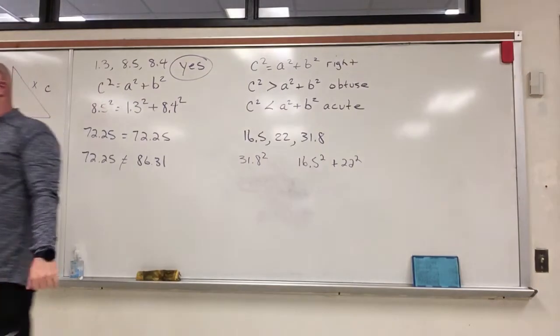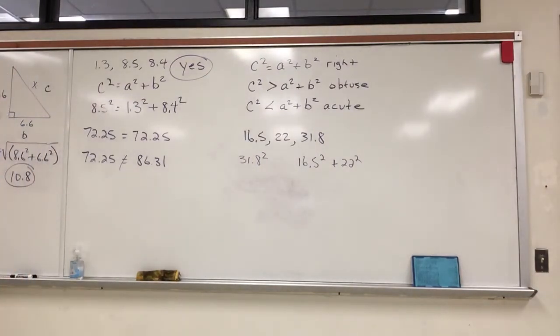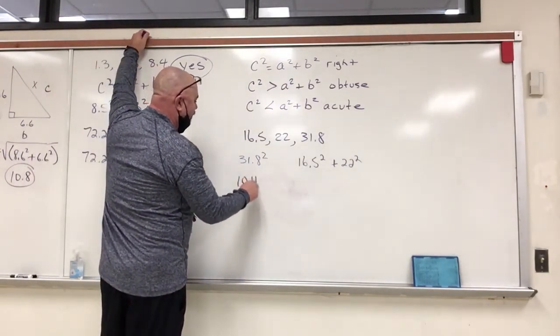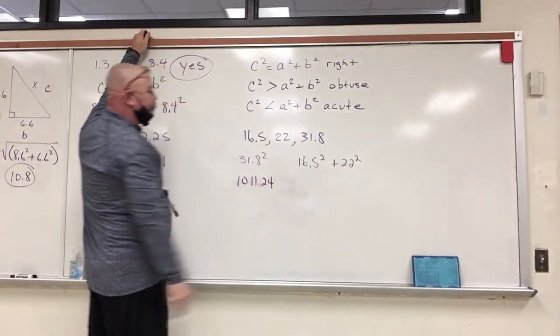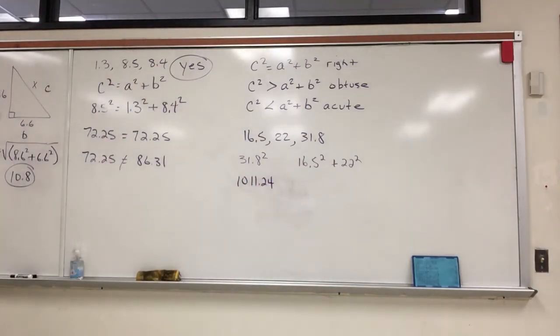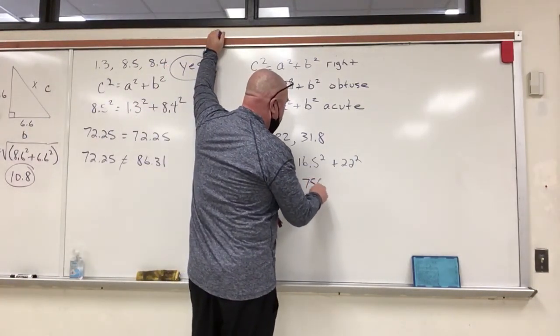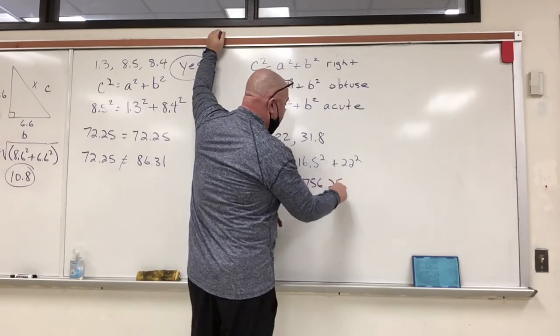What's 31.8 squared? 1011.24. What's 16.5 squared plus 22 squared? 756.25.